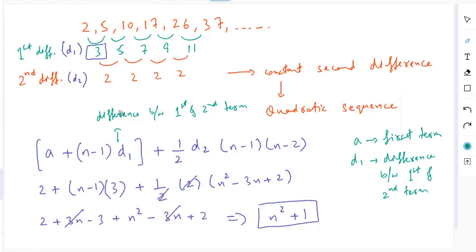That is, the second term minus the first term, or you can just write it like that. So it's the second term minus the first term, okay?